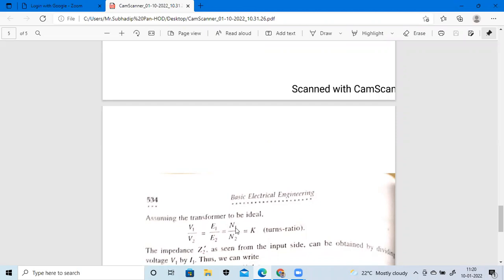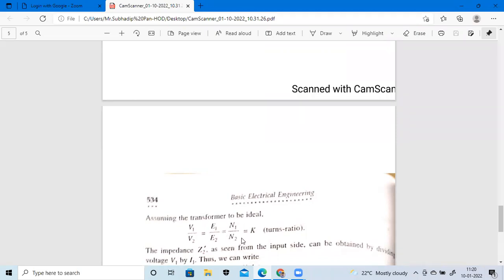In any quantity, if 1 and 2 are in the suffix, that represents the primary or secondary side. So V1 by V2, E1 by E2 equals N1 by N2, which equals some constant represented by K here.